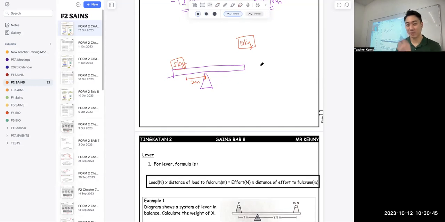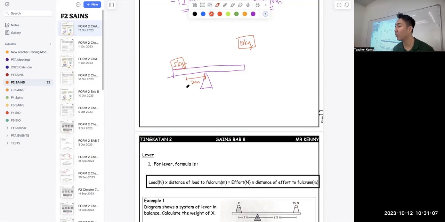Now tell me, where should I place my 10 kg on the seesaw so that it balances the whole seesaw? You say what? Put it in the middle? You will be guaranteed that with 10 kg in the middle, the 5 kg will go down. Experiment fail. 1 meter.